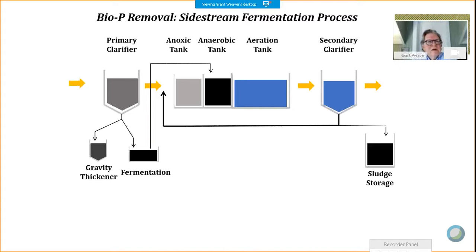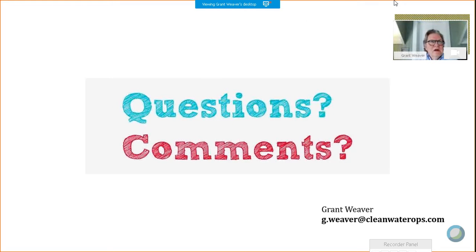Same concept as I mentioned before. The nitrates in the return sludge in and with the mixed liquor will be removed using the BOD on the influent. The VFAs that are produced in the fermentation tank, a higher percentage of them will now be put to the intended purpose, which is to feed the phosphorus removing bacteria.